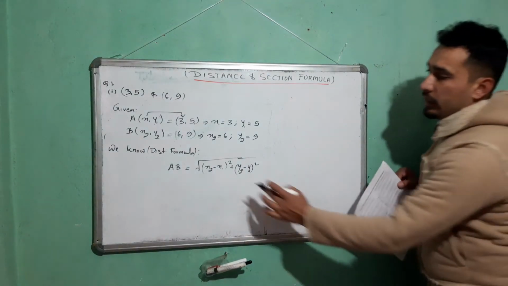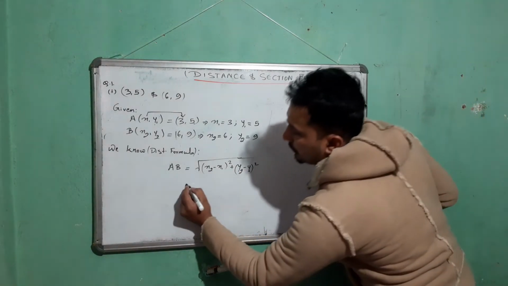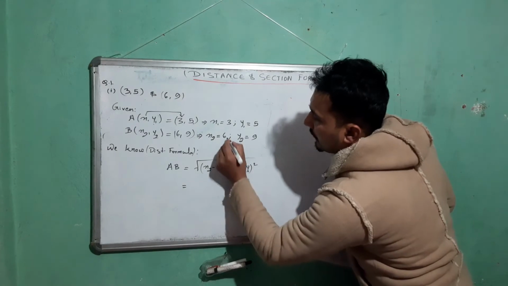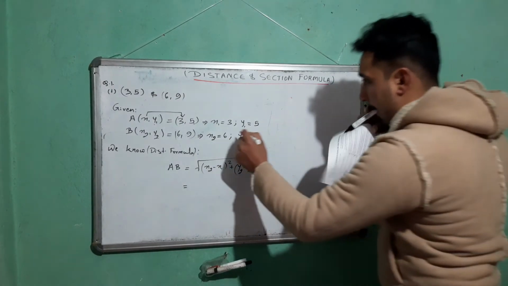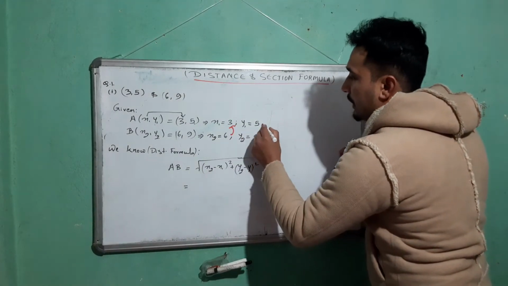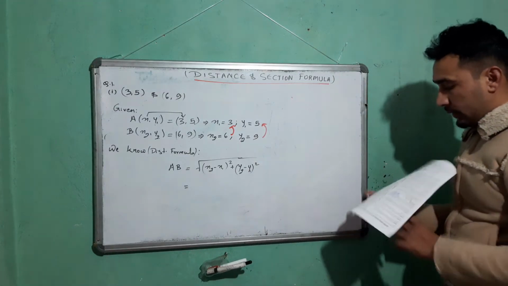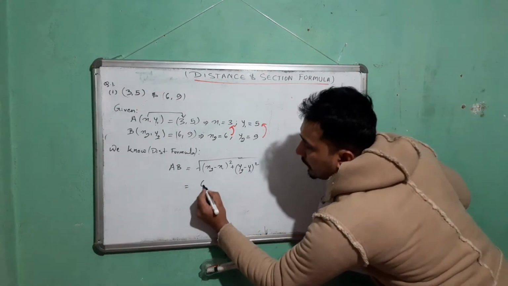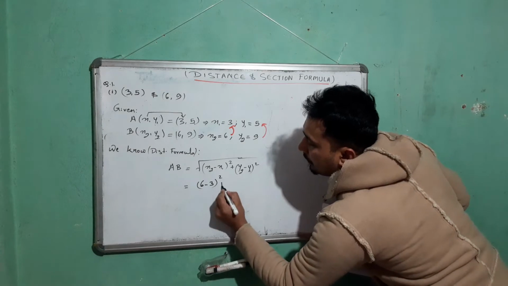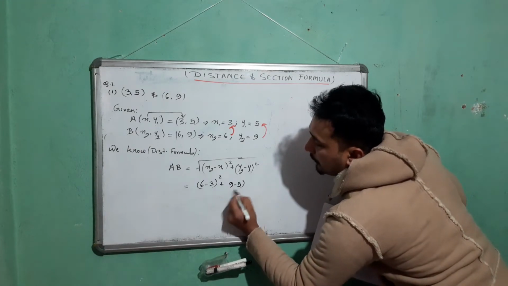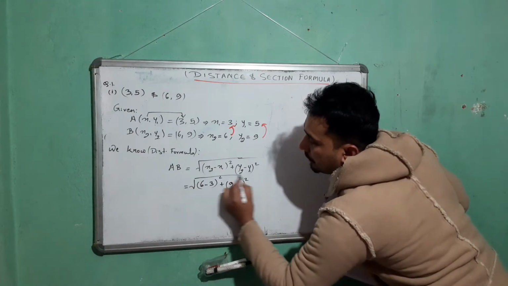Now you put the values of x1, x2, y1, y2 and then simplify. x2 is 6, so 6 minus 3 whole square plus 9 minus 5 whole square within the root.